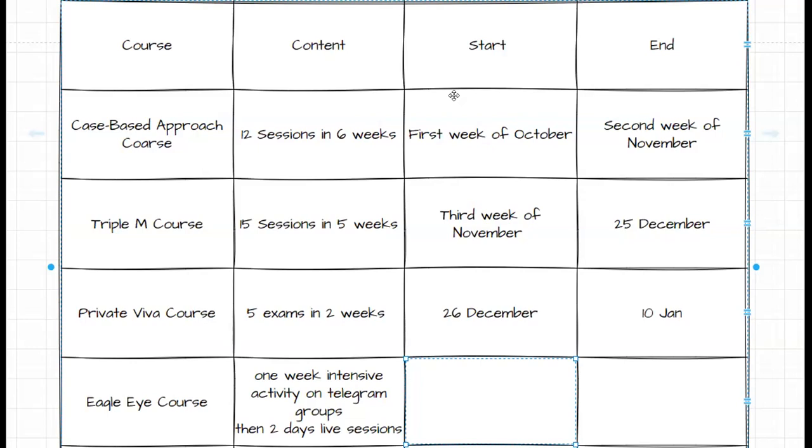The examiner will be sometimes aggressive, like in the exam. You will have different personalities, different cases, different situations, so you'll be prepared for everything. And this activity will be for January between the last week of December and the first week of January.